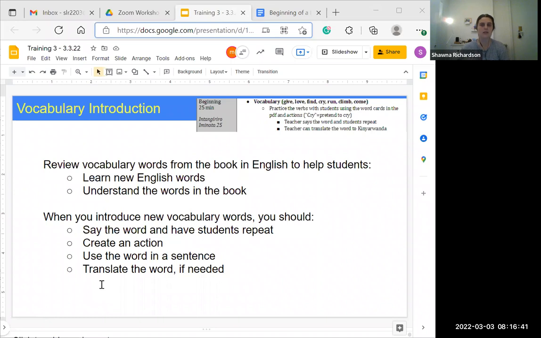Okay. So for example, let's do a demo, maybe Maida and Sally. Can you see these words in the top right that we have for this book? Yep. Okay, so we're going to demonstrate maybe how you would do this in your class, okay? So the first word is give. Okay, Sally.